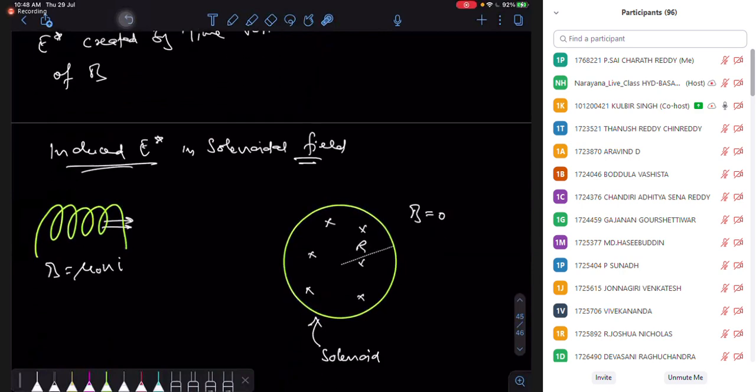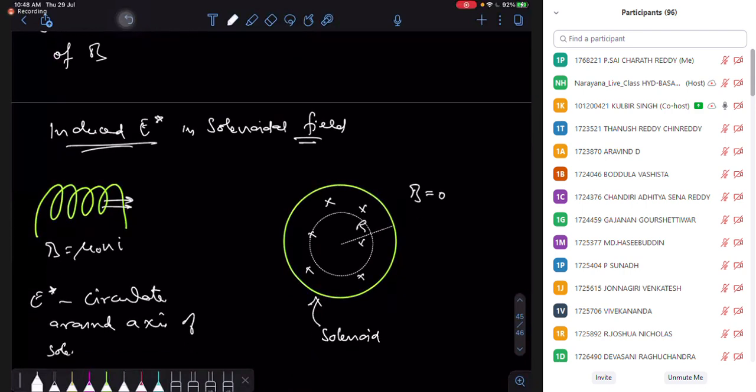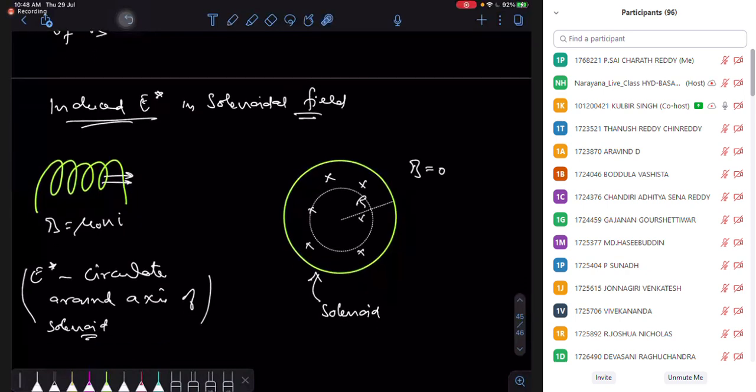Here I'm going beyond our syllabus in the sense that if we take a circle, in the case of the solenoid, E star is going to circulate around the axis of the solenoid.